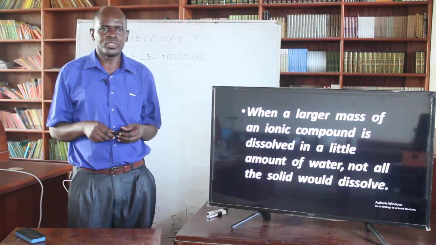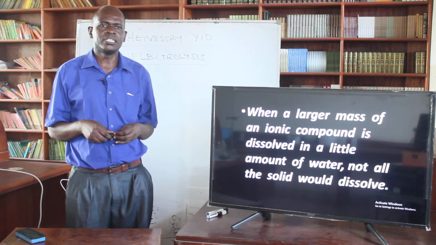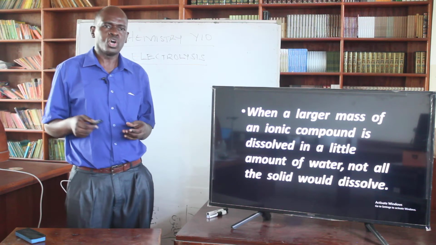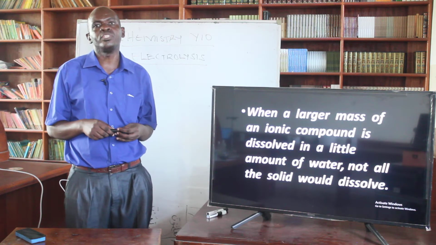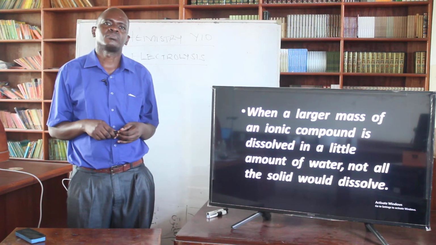For example, when you have a larger mass of an ionic compound dissolved in a little amount of water, not all the solid will dissolve. Only a small amount of it is going to dissolve.